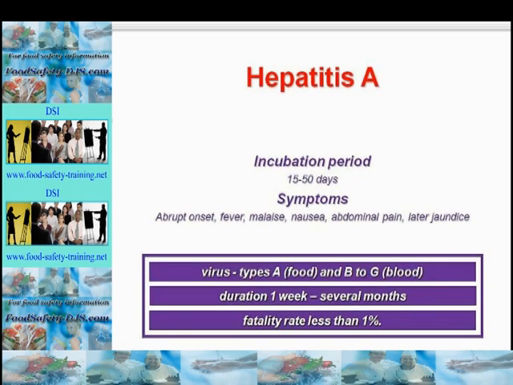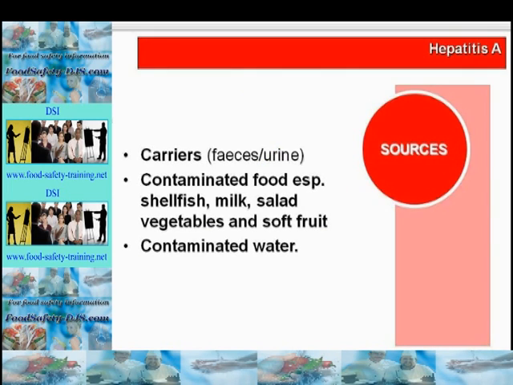Again, it being a foodborne disease, it's transmitted via the fecal-oral route. Also, urine can be infected. Sources include carriers, and it's carried in their feces, urine and blood. Contaminated food, especially shellfish, salad vegetables and soft fruit. And also contaminated water.